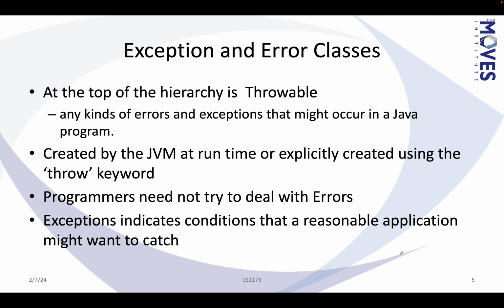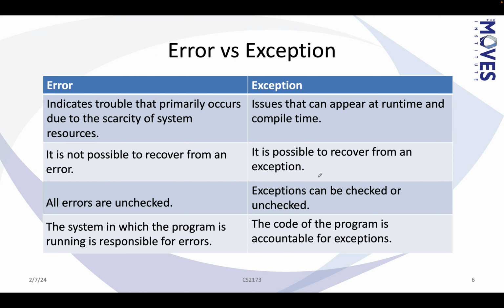So at the very top, we have Throwable, and that handles all the errors. At runtime, the virtual machine explicitly creates these, with the throw keyword, and so that's the error things, as I said. Again, errors are like, the problem is either in the system, scarcity of system resources, and when that happens, there's no hope.